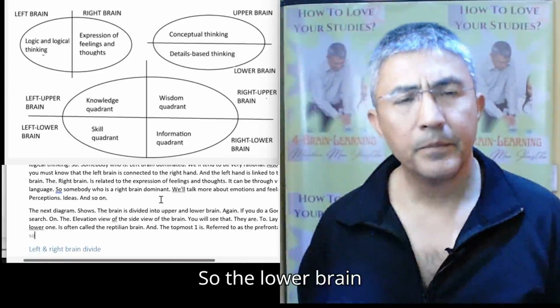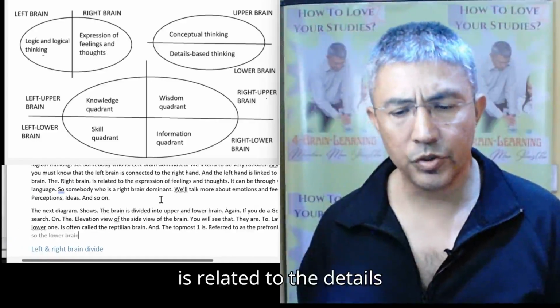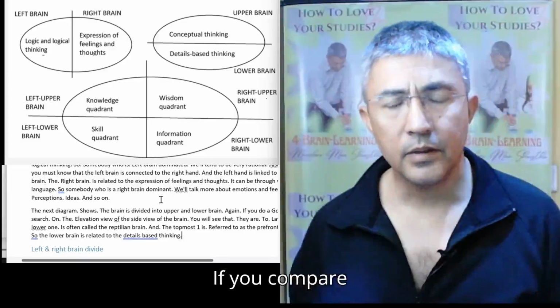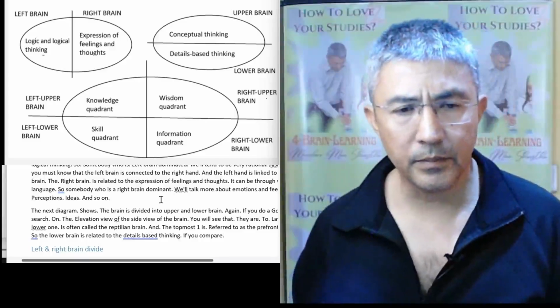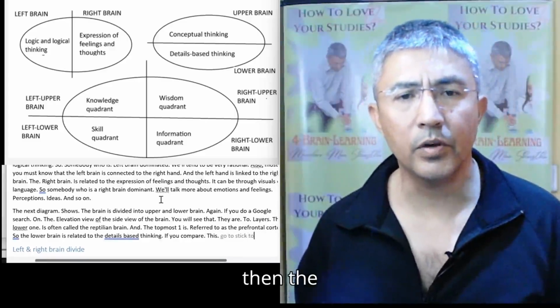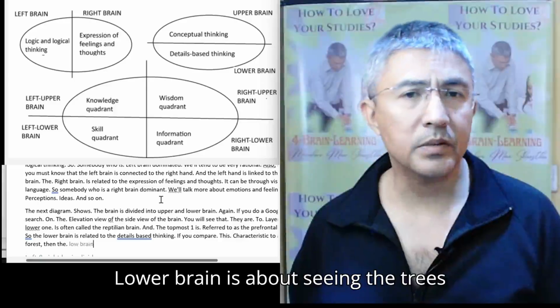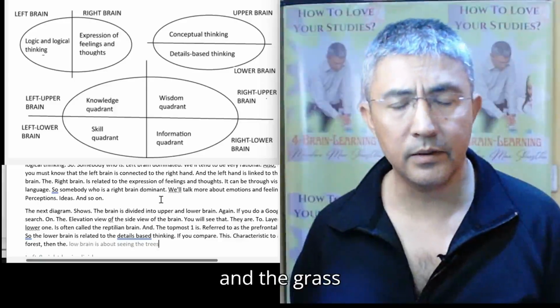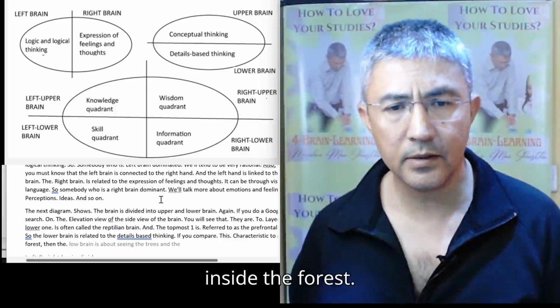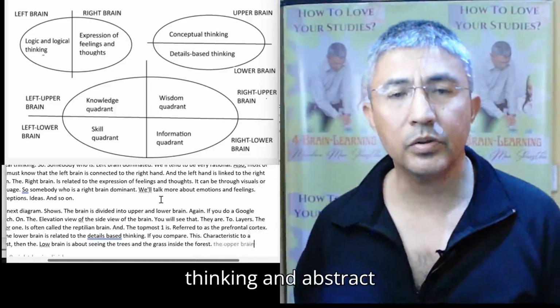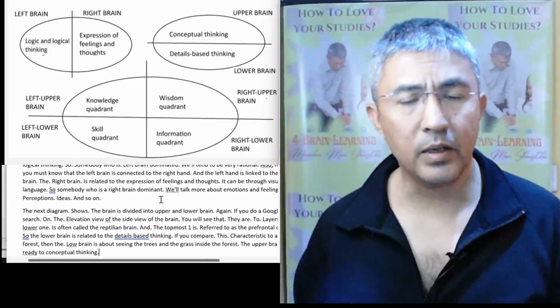So the lower brain is related to details-based thinking. If you compare this characteristic to a forest, then the lower brain is about seeing the trees and the grass inside the forest. The upper brain is related to conceptual thinking and abstract thinking.